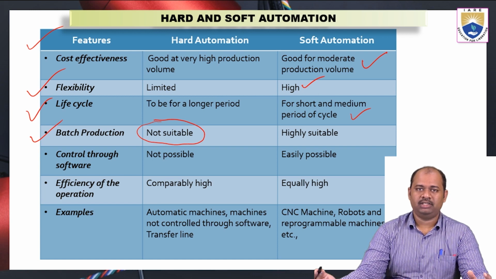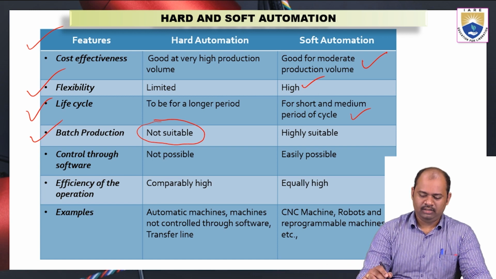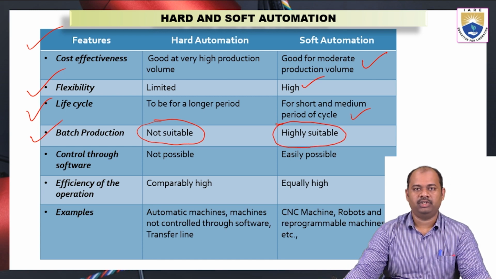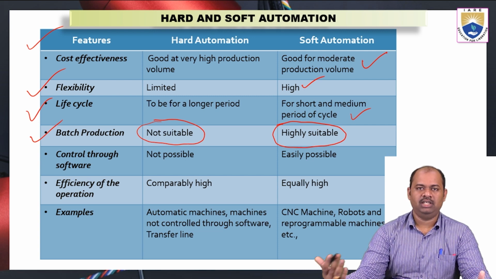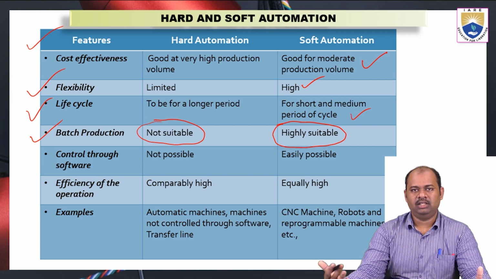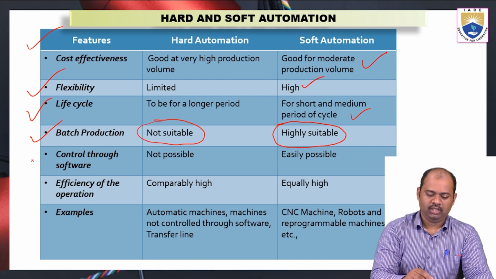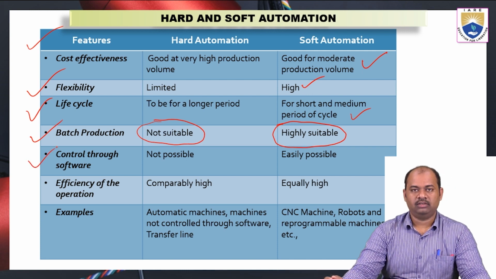We cannot stop and start things. In soft automation, this is very suitable for batch production, because we can manufacture a product, then stop the system, change the code, and use the system for another type of production. And then control through software.